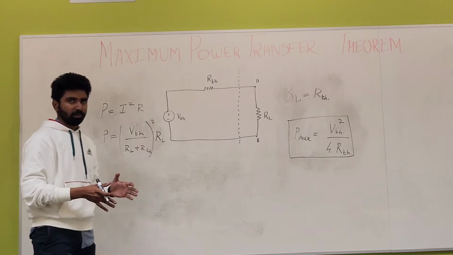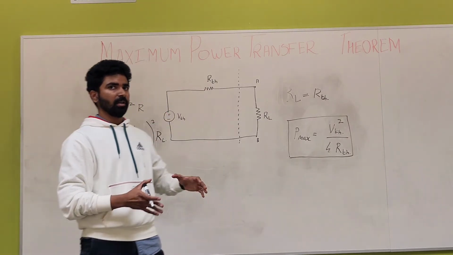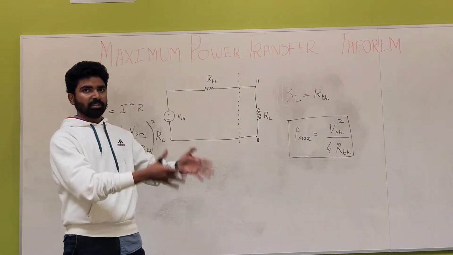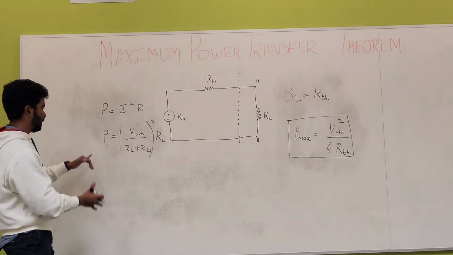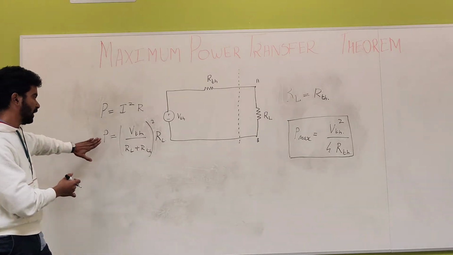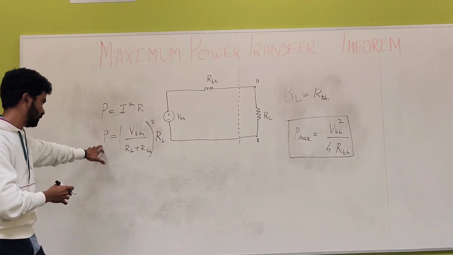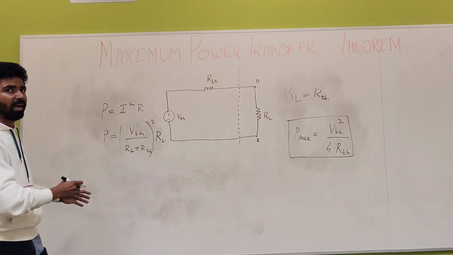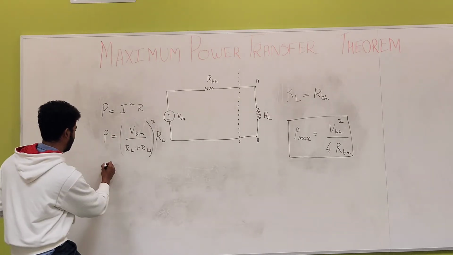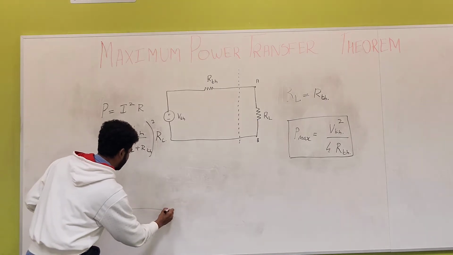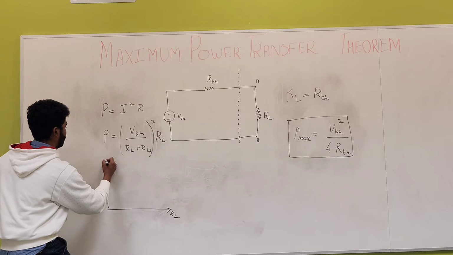Now, we know a basic concept of calculus: if we take the differentiation of any element and equate it to 0, then we can get the maximum of that element. The same concept applies over here. If we want maximum power, we can differentiate this power with respect to load resistance and equate it to 0. To get a more accurate glimpse, we can do it graphically, for the load resistance RL and the power.